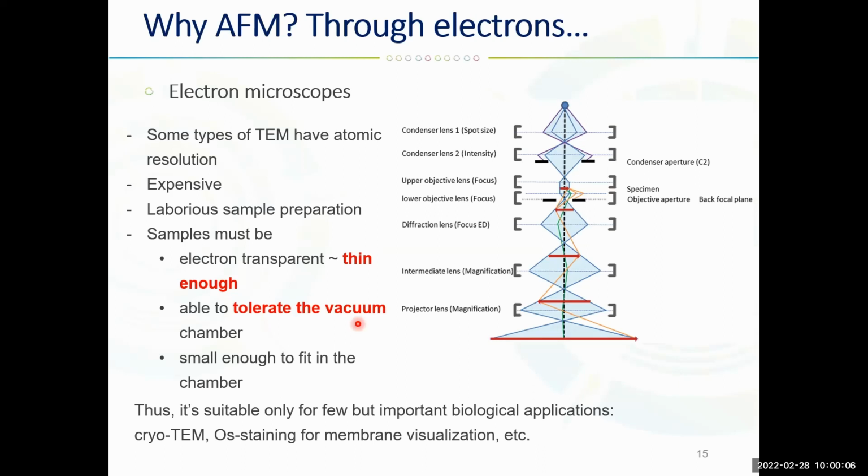This is one of the problems people face when they try to crystallize this kind of protein, because if you crystallize it without the membrane, then it will not be in its native state, and it is not relevant for further research.